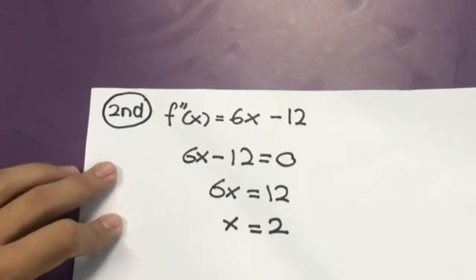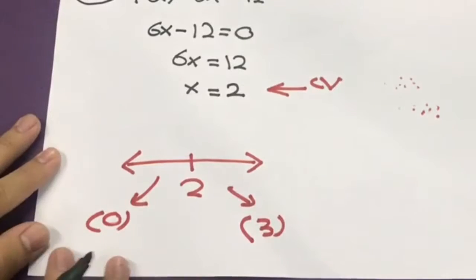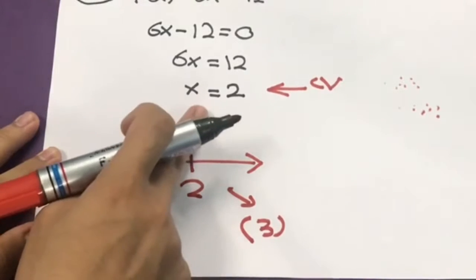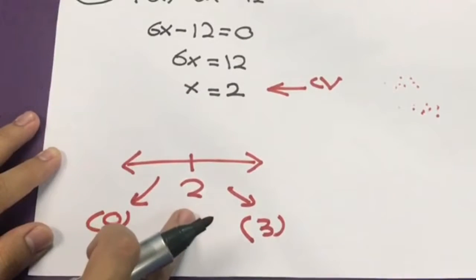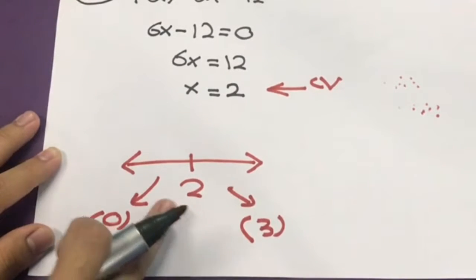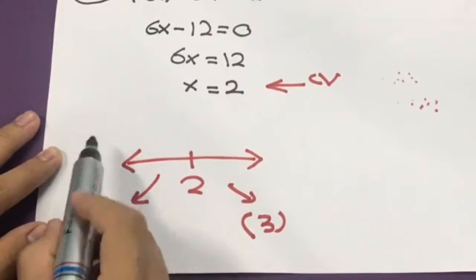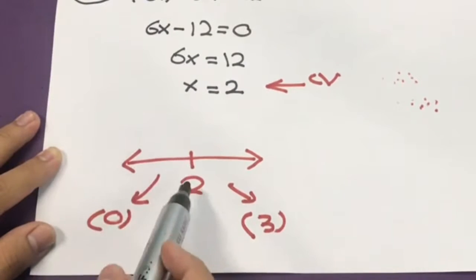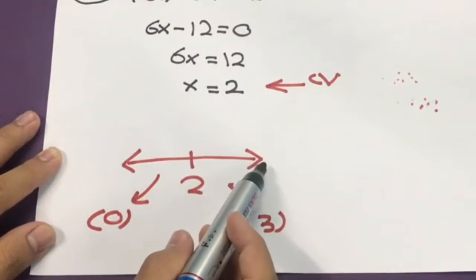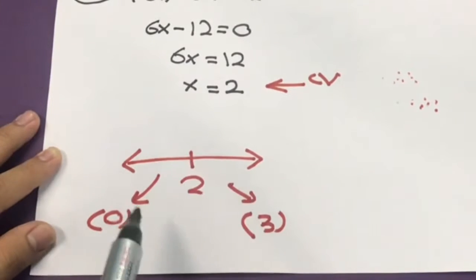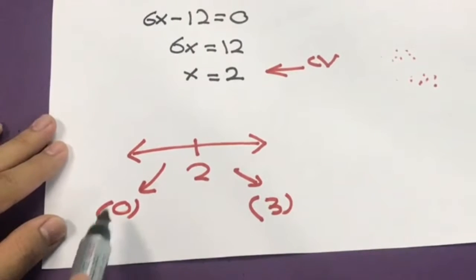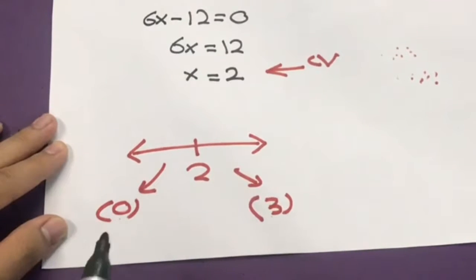After that, from the second derivative, we get the critical value x equals 2, and then we use the number line. We choose any number from negative infinity until 2, and we choose another from the right side, from 2 until positive infinity. Here I will choose 0 and 3.